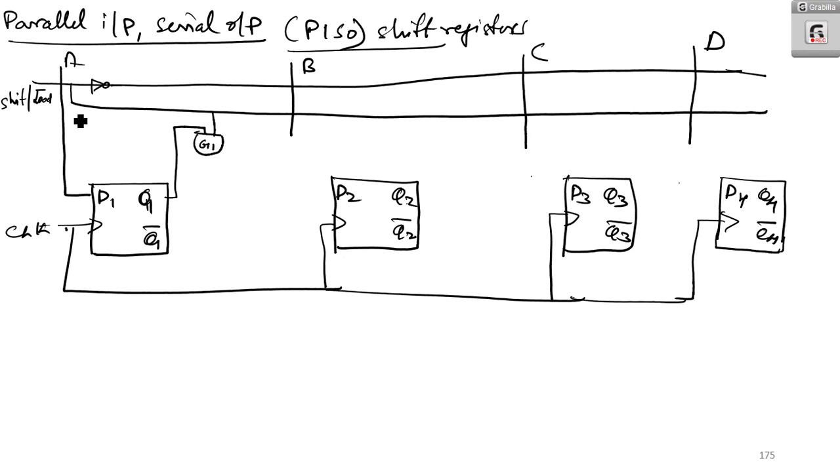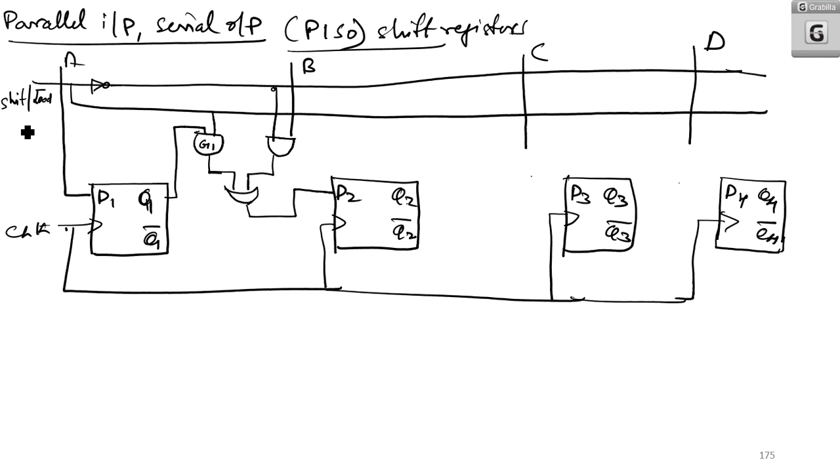If shift is high, this Q1 should come in. And if shift is low, that means Q1 need not be shifted to D2. At that time, B should be coming. So in that case, I am having B as input and no shift as input. And these two things need to be ORed and given to D2.